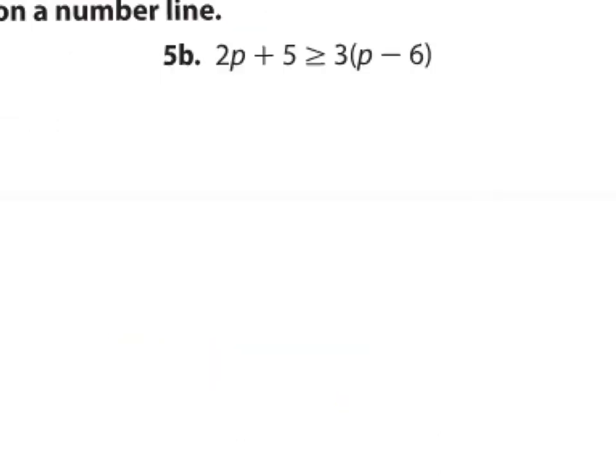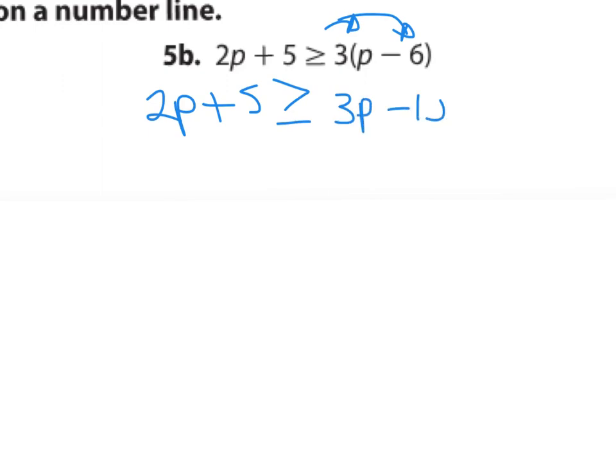And finally, for our last question, let's use distributive property first at the top, so that our next line looks like this. 2p plus 5 is greater than or equal to 3p minus 18, because 3 times negative 6 is negative 18.